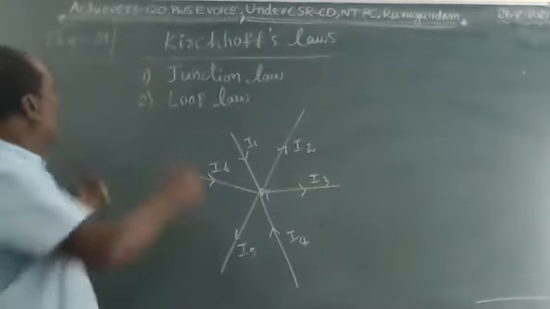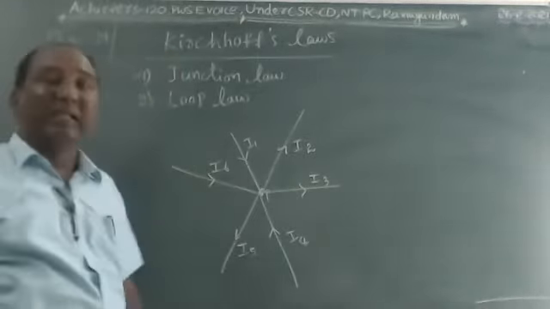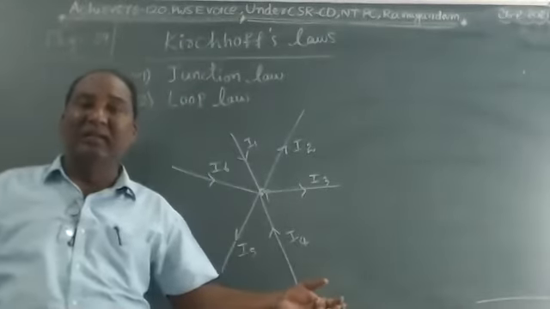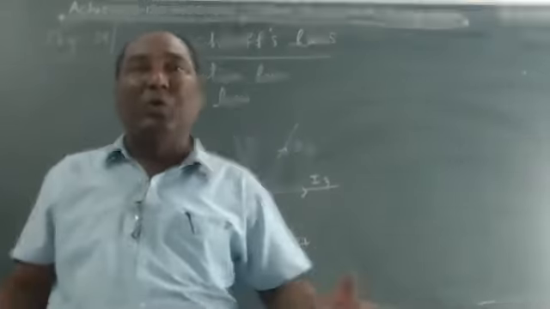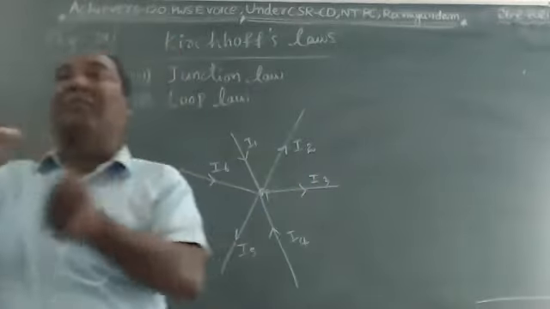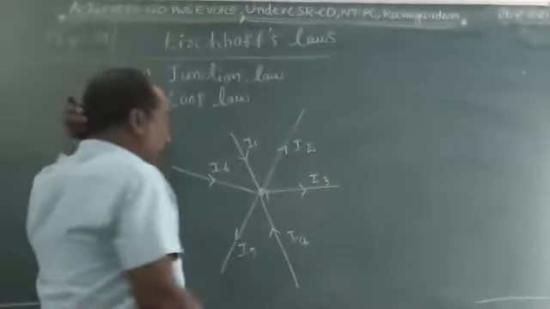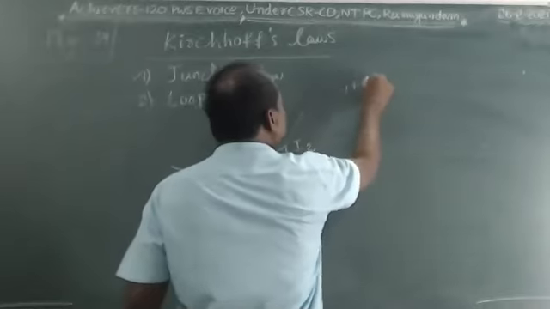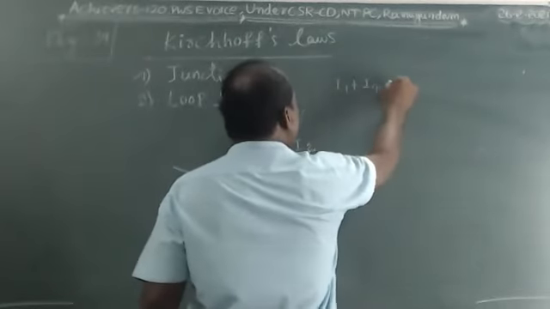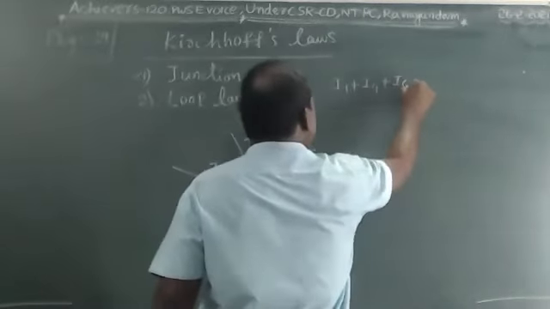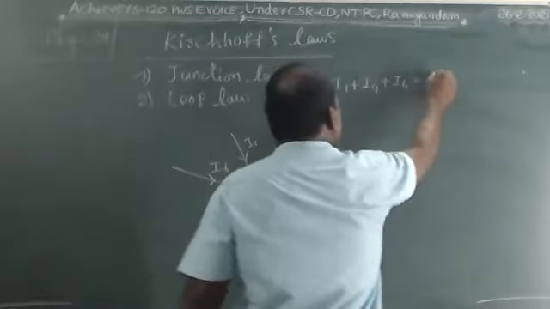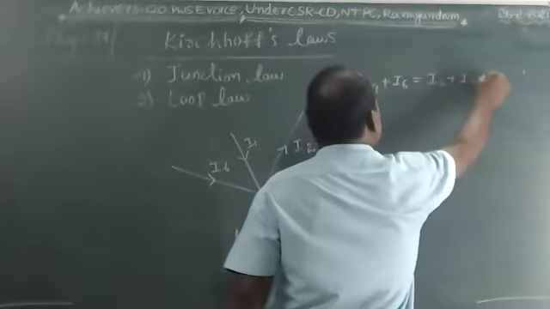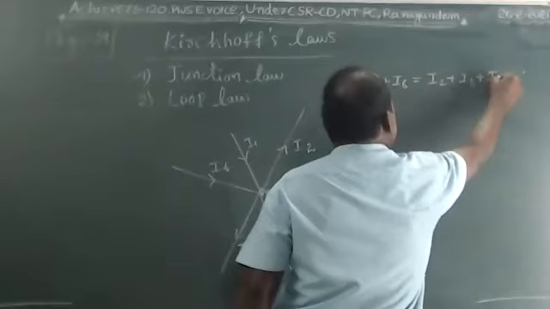So according to the junction law, the sum of the incoming current moving towards the junction is equal to the outgoing current leaving from the junction. Here the incoming current I1 plus I4 plus I6 is equal to I2 plus I3 plus I5.